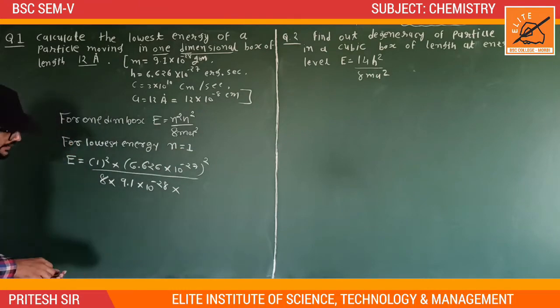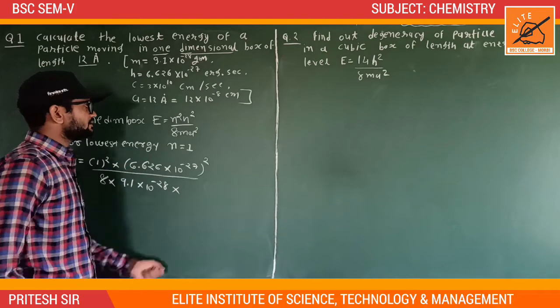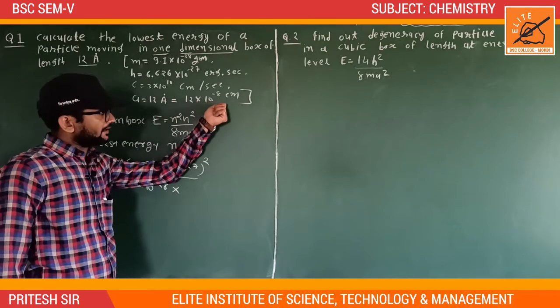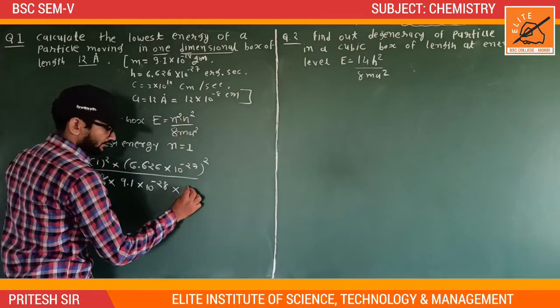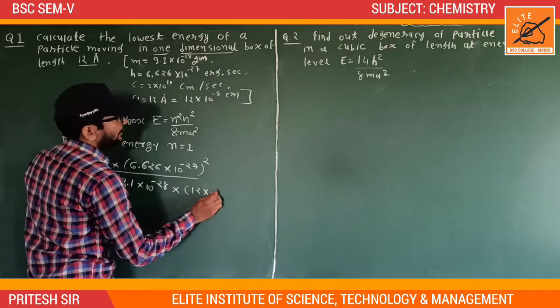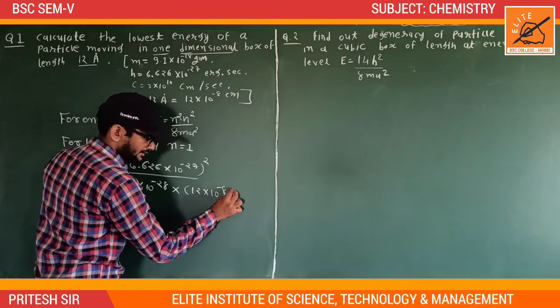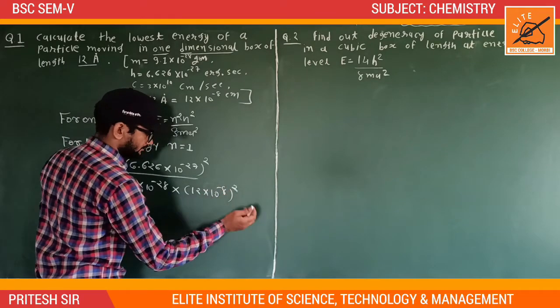Here the value of a is 12 angstrom, and 1 angstrom is equal to 10 to the power minus 8 centimeter, so I put the value 12 into 10 to the power minus 8, squared.